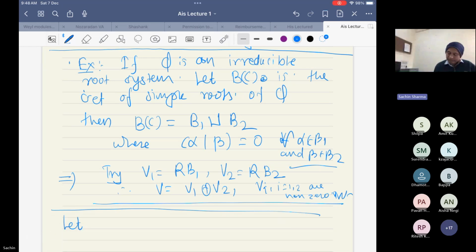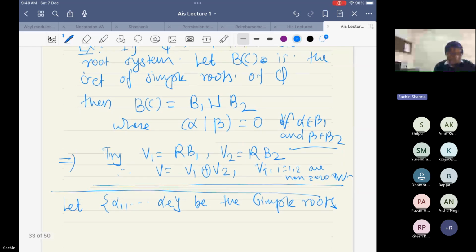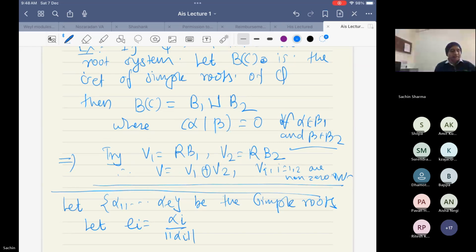So let alpha 1, alpha 2, ..., alpha L be the simple roots, and we normalize them. So let e_i be equal to alpha i over its norm, so all these are unit vectors.